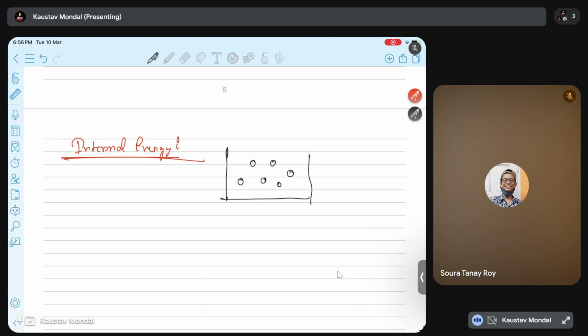One is kinetic energy. If the gas moves, it has some velocity, which is directly related to the temperature of the system, through kBT by m. So that velocity gives the kinetic energy, which comes from temperature.